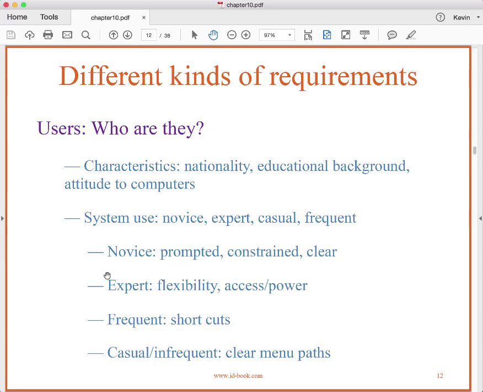In terms of system use, you really can't go wrong by reminding yourself over and over again of the distinction between levels of users. Here we're talking about novice, expert, casual, and frequent.